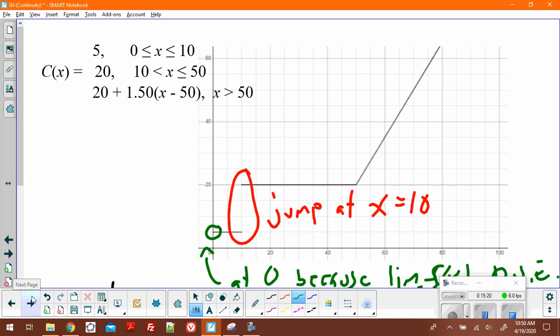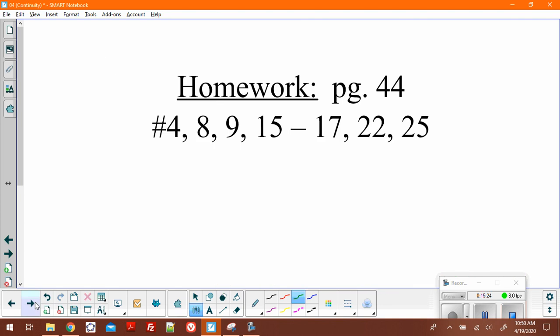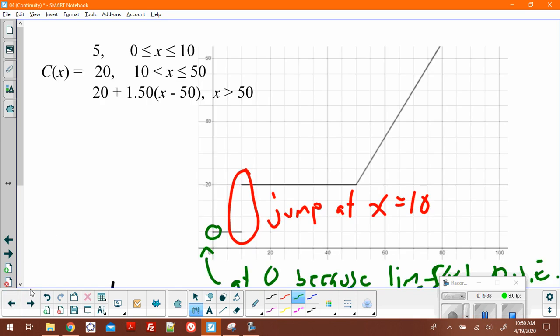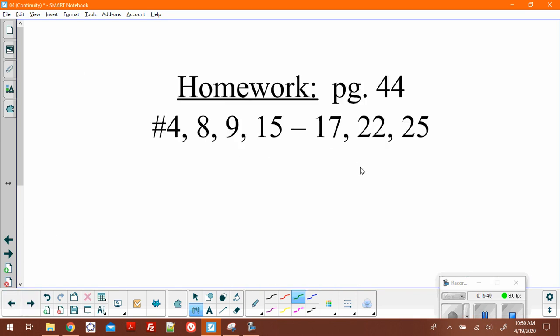All right. So there's your information on discontinuities. And here's some practice work to help you follow up with that concept. Some of these questions ask you to sketch functions like the one I just did here. For the purpose of your homework, feel free to use Desmos for those if you want.